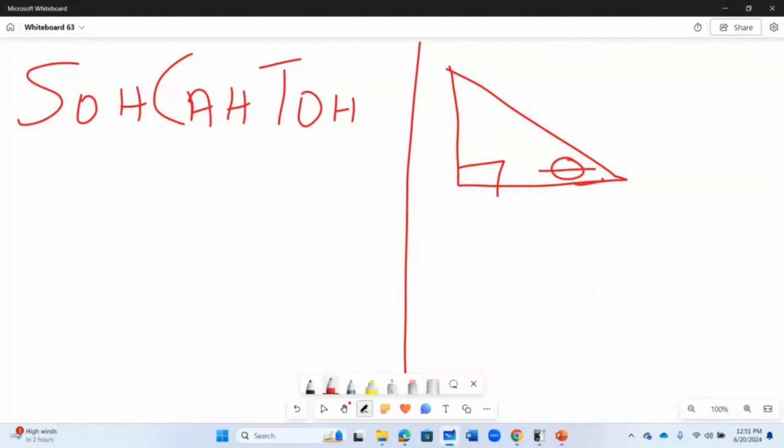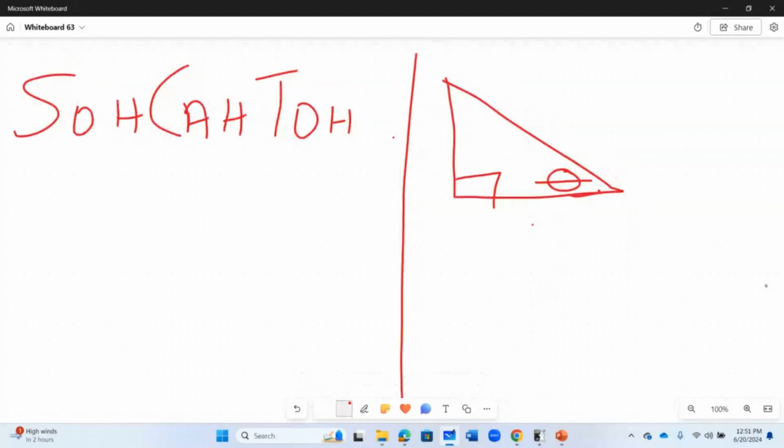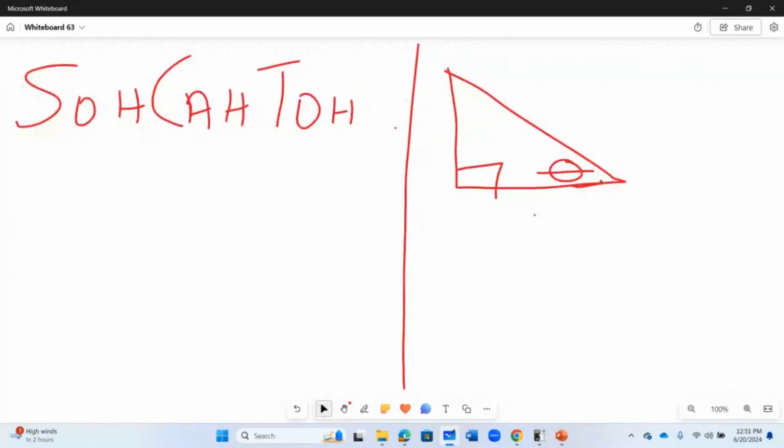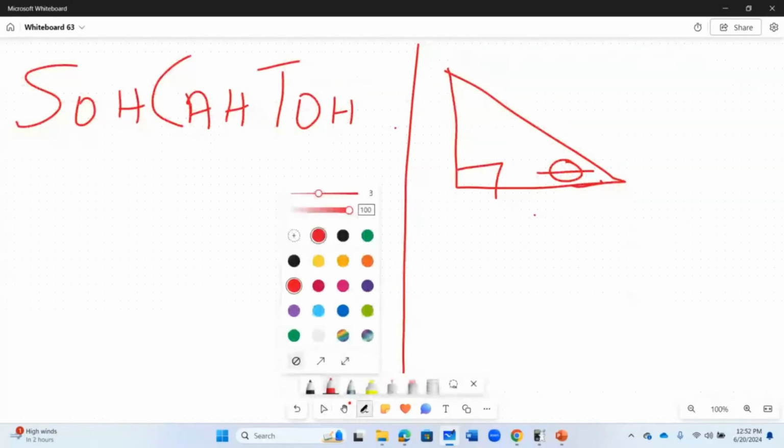And you see, this is opposite to theta, adjacent to theta, and hypotenuse. So let me just write opposite to theta, because I'm talking about theta. Adjacent to theta.